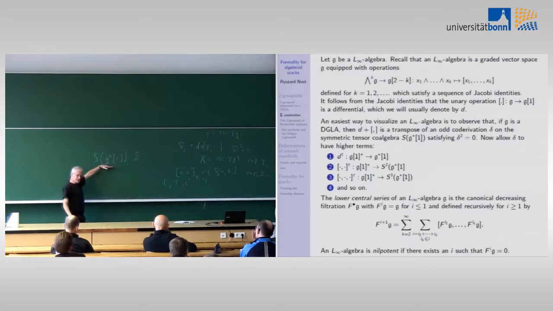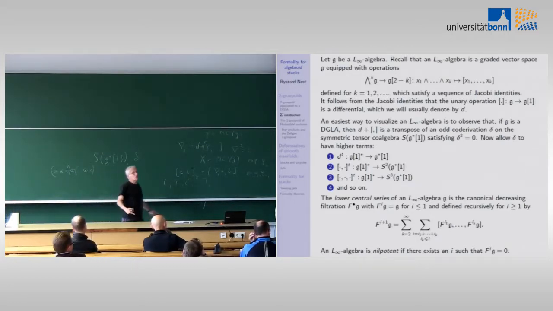The symmetric algebra is a coalgebra, so there is a coproduct. Given A tensor B tensor C, the coproduct will just split it into a sum of things of this type. So you can define a coderivation, just the dual of a derivation. And the L-infinity algebra structure is just a coderivation of this, which is flat, which satisfies this condition.